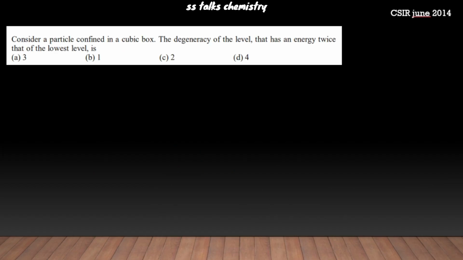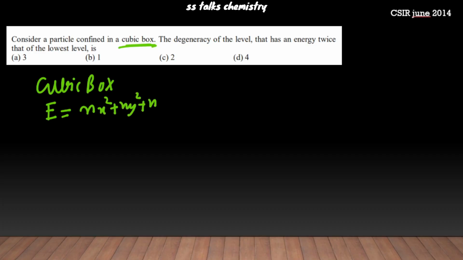Next, this question now: consider a particle which is confined in a cubic box. The degeneracy of the level which has energy twice that of the lowest energy. Firstly, it is a cubic box. That means the energy is nx square plus ny square plus nz square into h square upon 8 m l square, right?